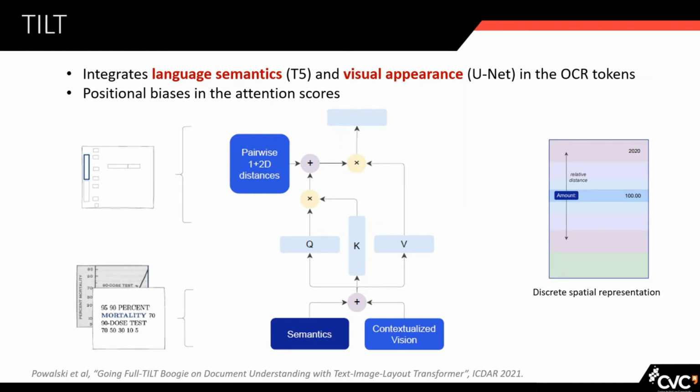So, analogously to word embeddings, they cover the image region semantics in the context of the visual neighbors. They pre-trained this architecture on the text denoising task that Ali already presented.